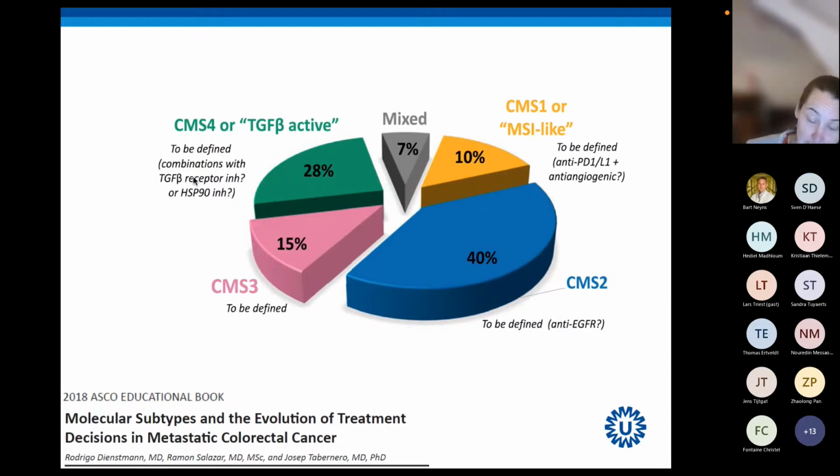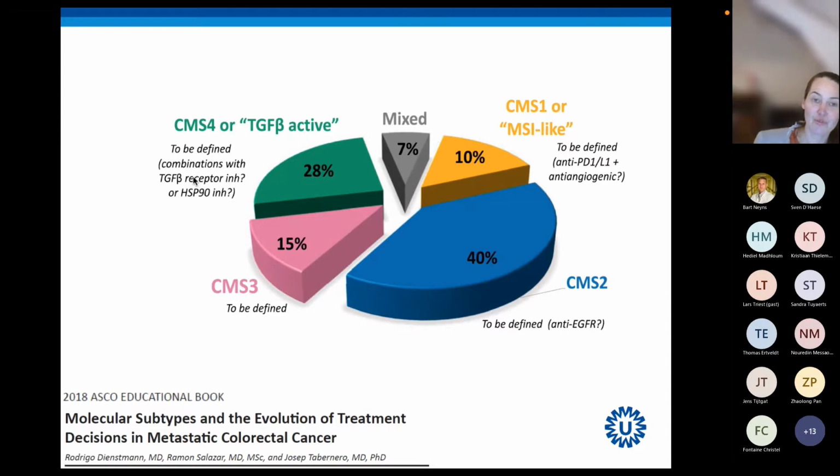It's likely that you really need the microsatellite instability, and that the other group with the immune infiltrate, but MSS, in that group, immunotherapy alone is not enough. And perhaps that group can become sensitive to immunotherapy, so it is an interesting group, the MSS CMS1, but it's likely that you need an additional targeted agent to get these patients sensitive to immunotherapy.